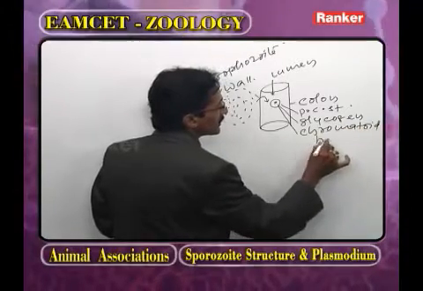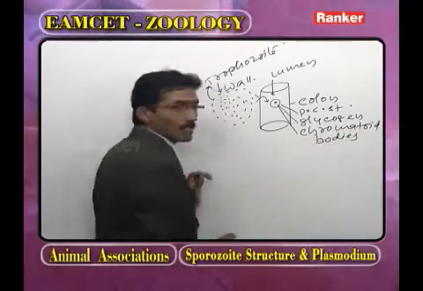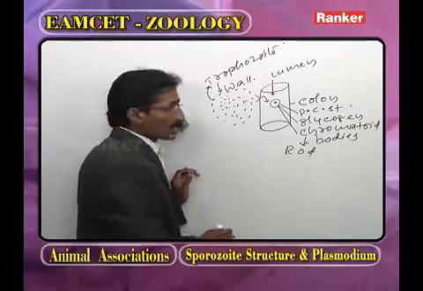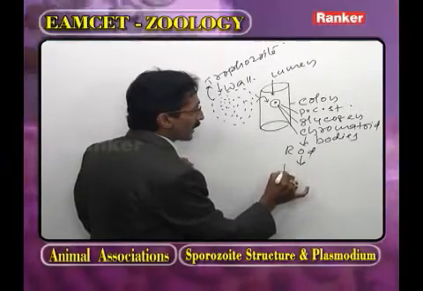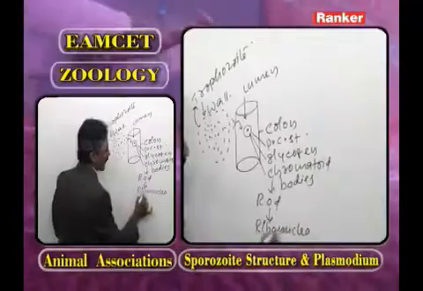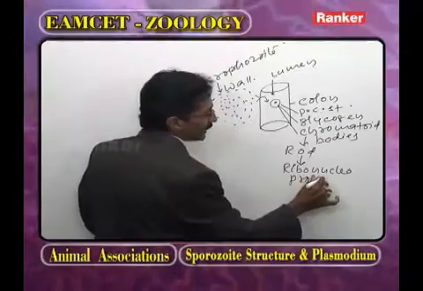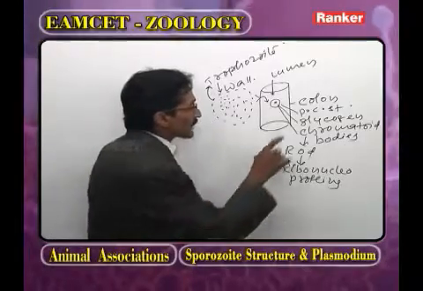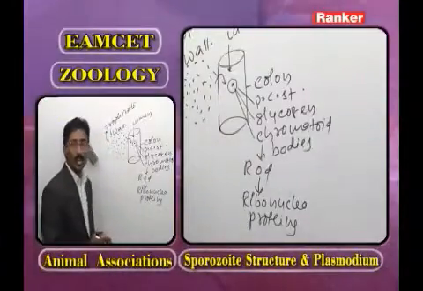What are the chromatoid bodies? They are rod-like, and made of ribonucleoproteins. Again repeating, in the pre-cystic stage, the parasite depends on glycogen and chromatoid bodies.